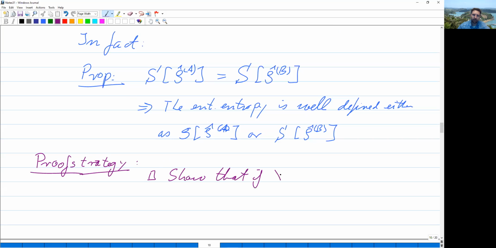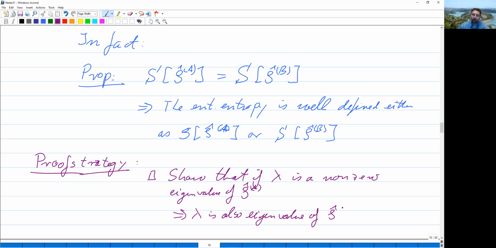that if lambda is a non-zero eigenvalue of rho hat A, then lambda is, well, of course, still non-zero, also an eigenvalue of rho hat B. Of course, they have different eigenvectors, but each non-zero eigenvalue of the density matrix of one subsystem is also an eigenvalue of the density matrix of the other subsystem.